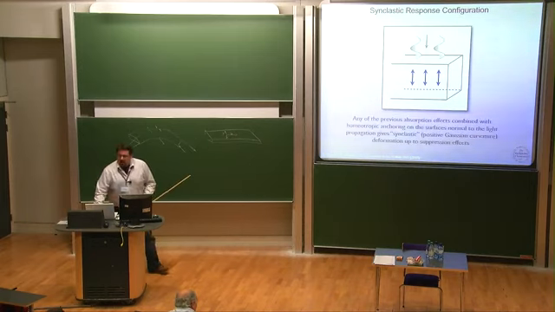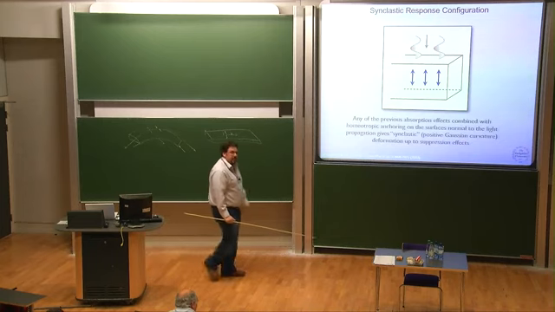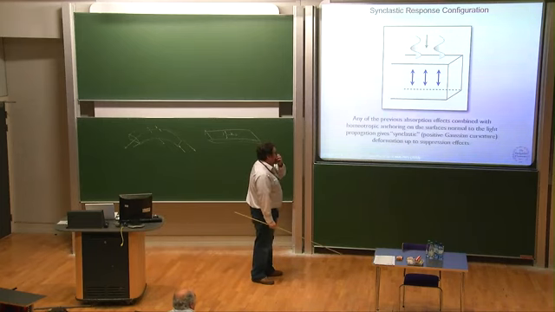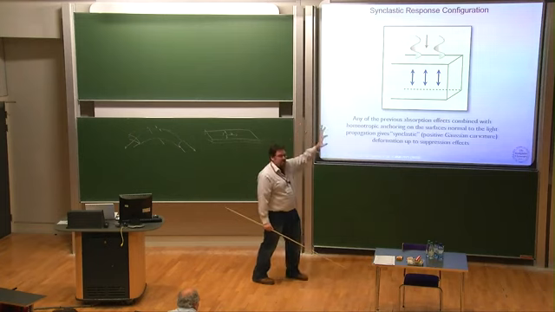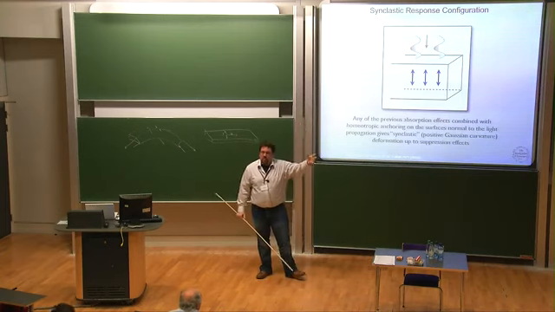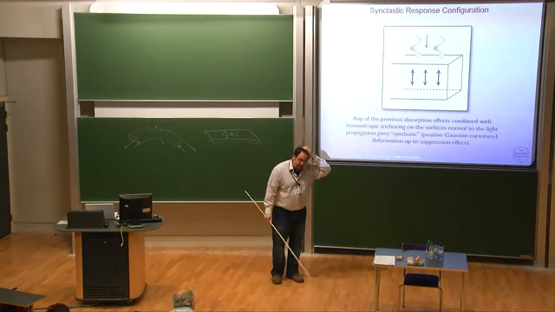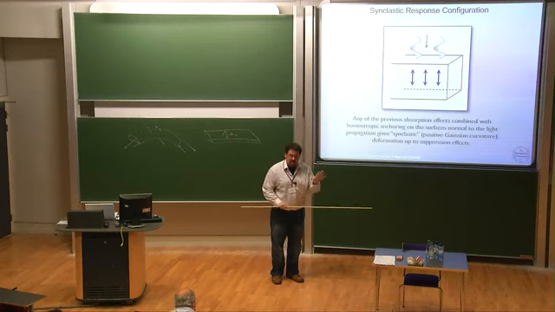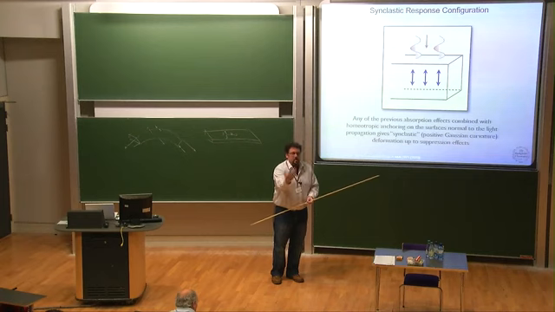And so the final thing I'm going to say in this part is you can get synclastic response. All of this was in the regime where, up to the suppression effects, you could imagine getting curvature one way and then orthogonal curvature the other way.